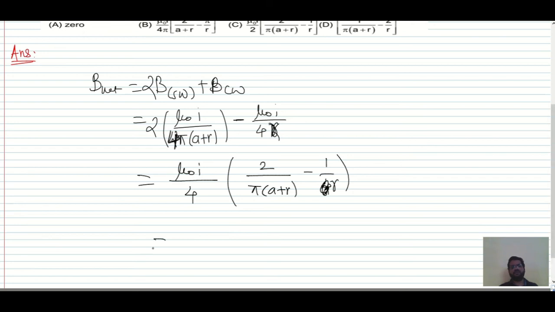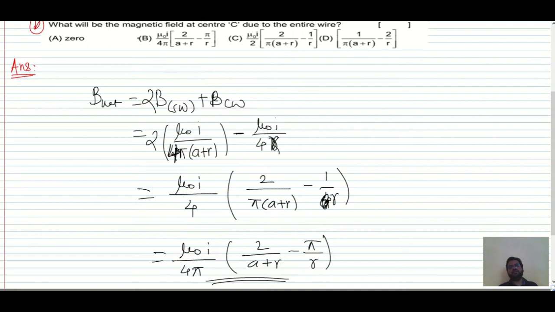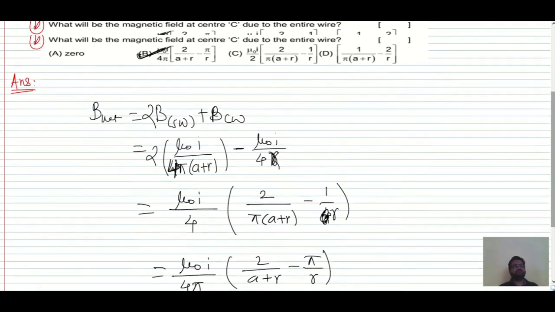If you take pi common, you will get mu naught I divided by 4 pi in brackets, 2 by (A plus R) minus pi divided by R. So that is the answer, and it is given in option B.